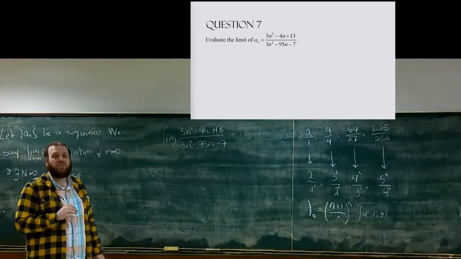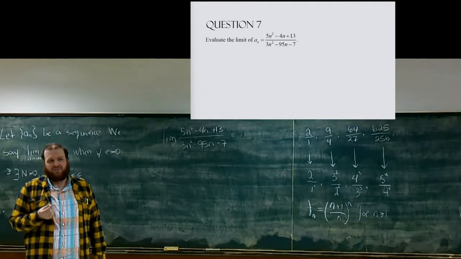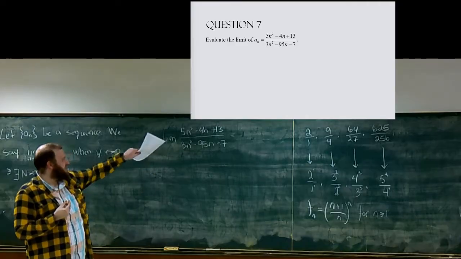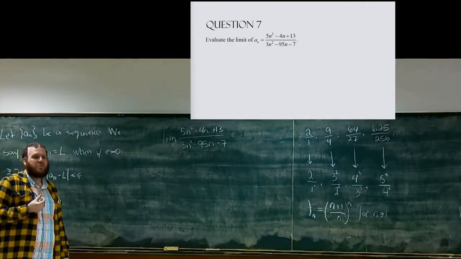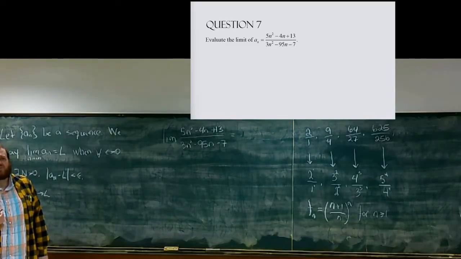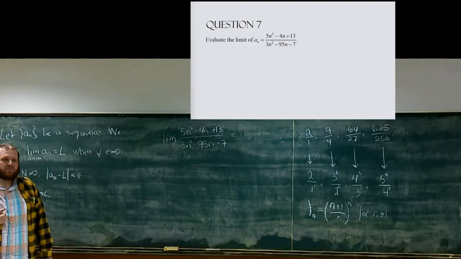Right, 10 to the 200 versus 10 to the 100. If you do 10 to the 5 times 10 to the 200 minus 4 times 10 to the 100, there's not that much of a difference. It's negligible. That n squared term dominates.